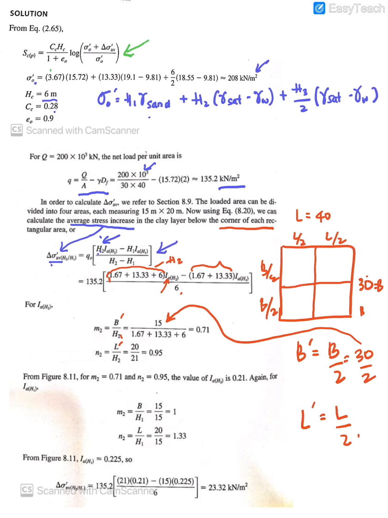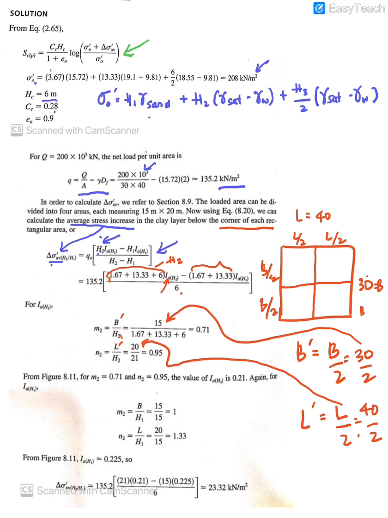L prime is L over 2, so 40 over 2, which is equal to 20.